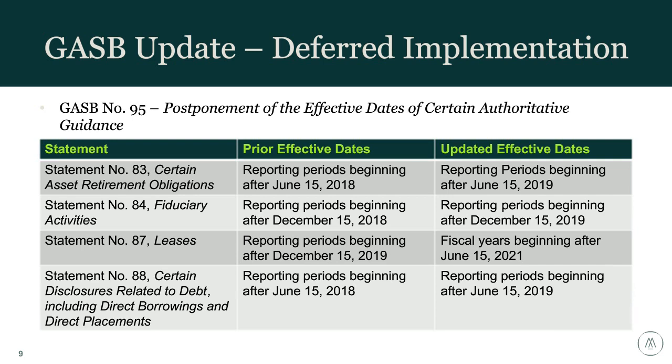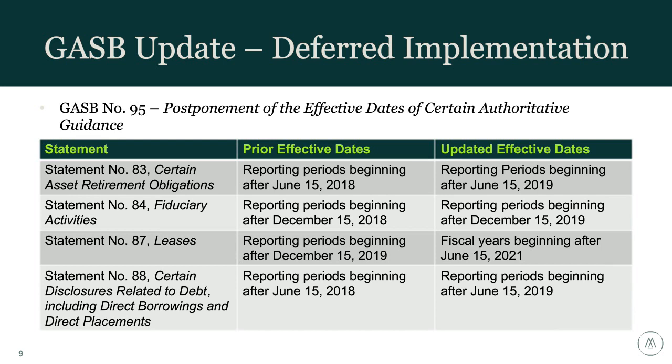Under Statement 97, however, Section 457 plans should be classified as either a pension plan or other employee benefit plan, depending on whether the plan meets the definition of a pension plan. And it clarifies that Statement 84, as amended, should be applied to all arrangements organized under IRC Section 457 to determine whether those arrangements should be reported as a fiduciary activity. So they did rush that standard through as well, but that is late breaking news for everyone.